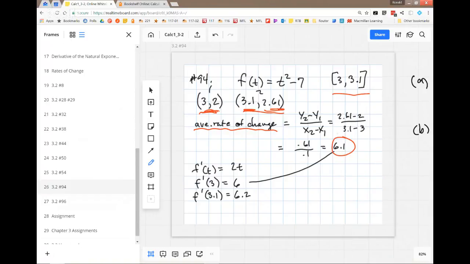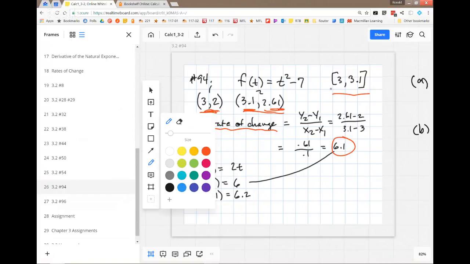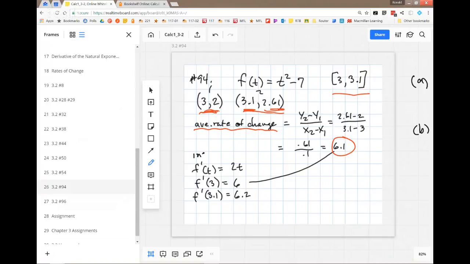So it's strictly a slope, but we had to do a little bit of work to get the points. Okay, so now the second part of the question, the instantaneous rate of change. I should write that in here. So we've got the instantaneous rate of change.